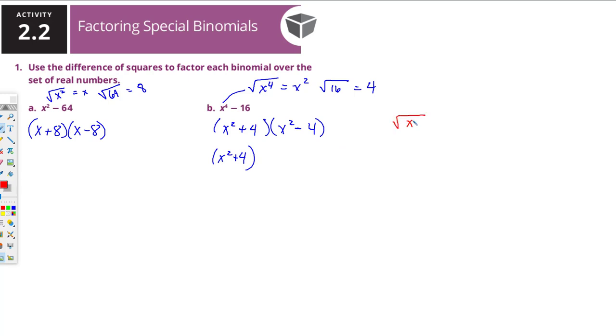But this x squared minus 4, there is a minus sign in between it, so I'm going to see if I can factor it one more time. And so we have x plus 2, x minus 2 that was the factoring of those two.